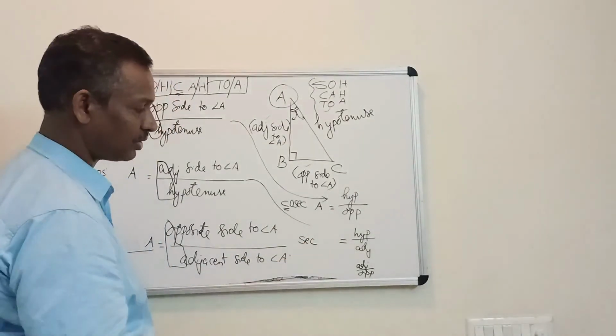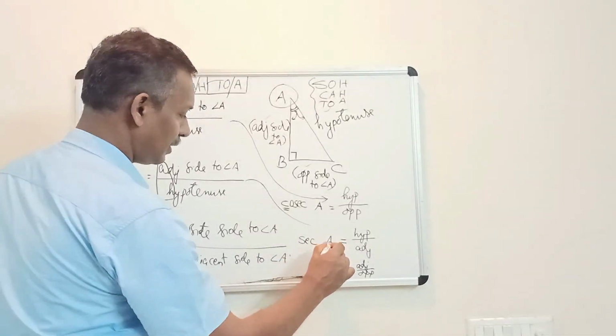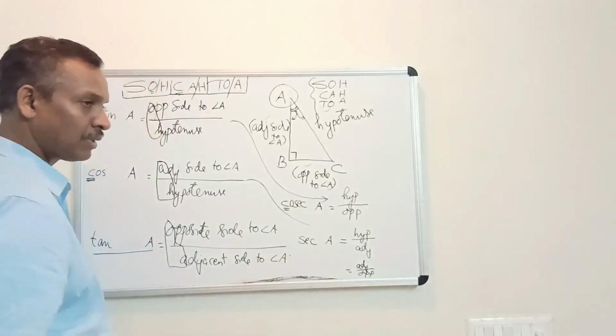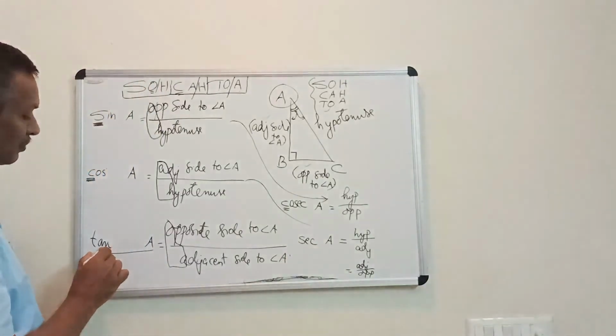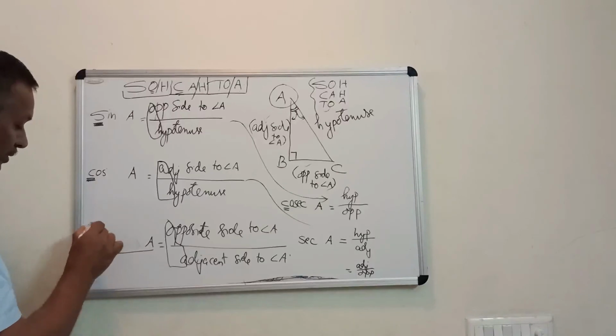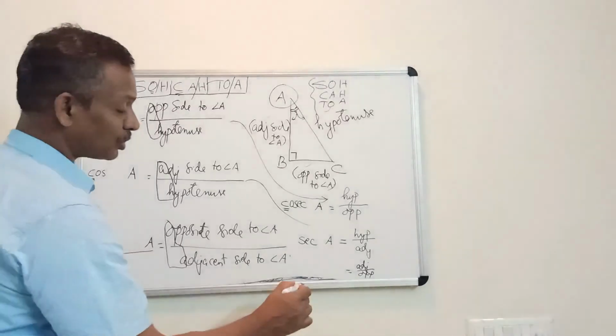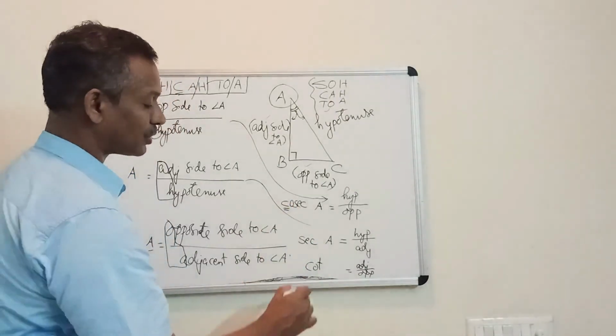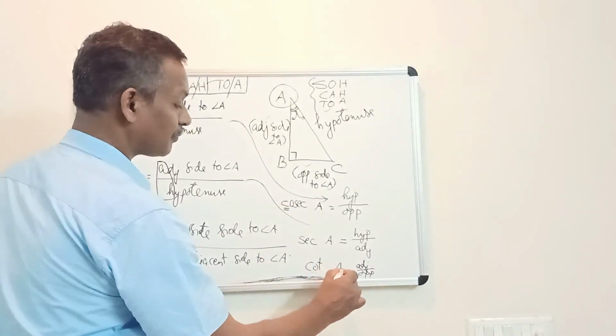In short, it is written sec. And the last one is the reciprocal of tan. Tan is one ratio which is having the letter T. Its reciprocal is also having T. It is actually cotangent. In short, it is called cot of A.